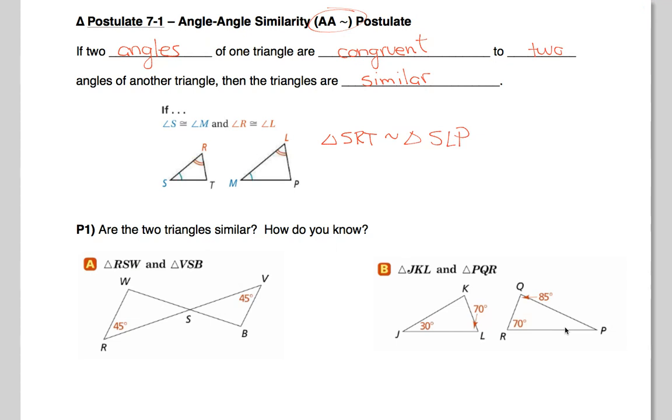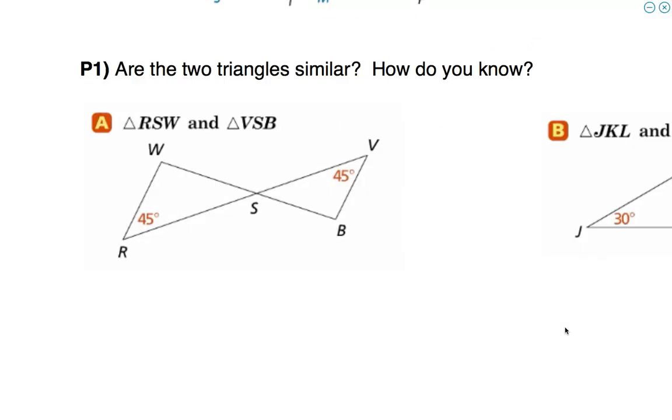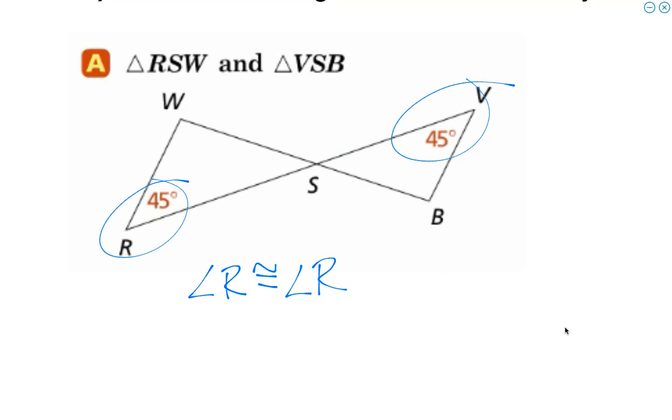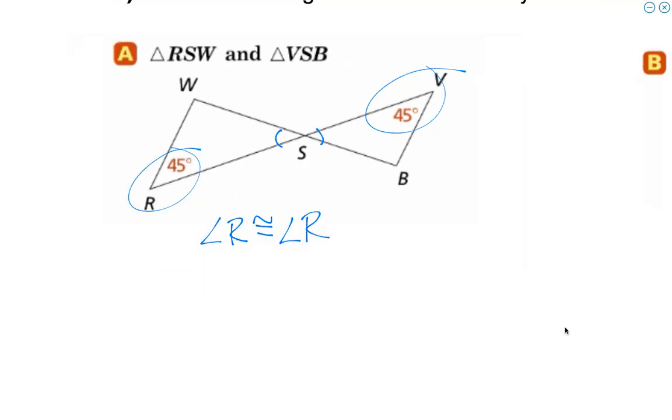The thing about angle angle is we have to rely on a lot of old properties if they're not giving it to us like above, where we had the congruency symbols. So for here, no secret, angle R is congruent to angle R. And then we have vertical angles here.